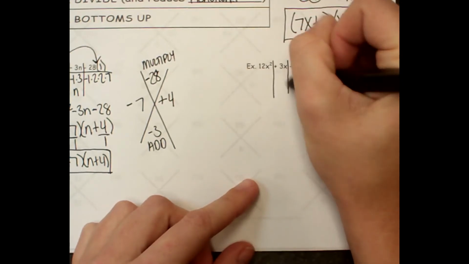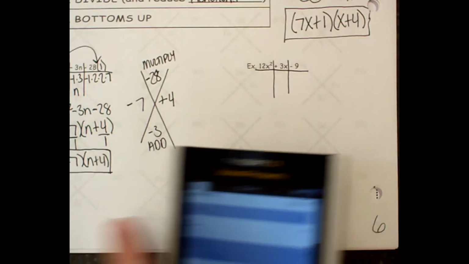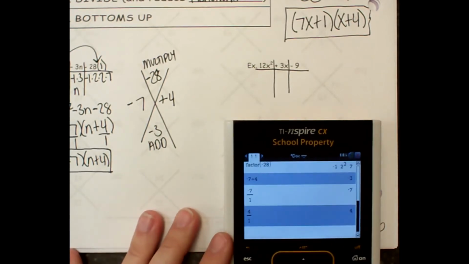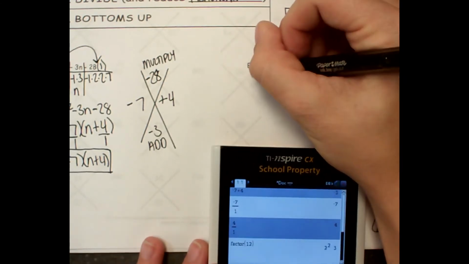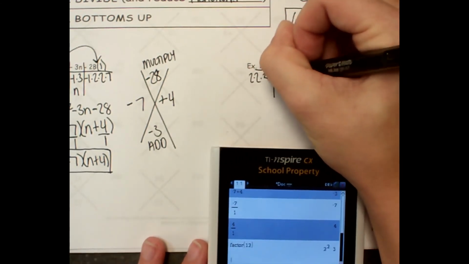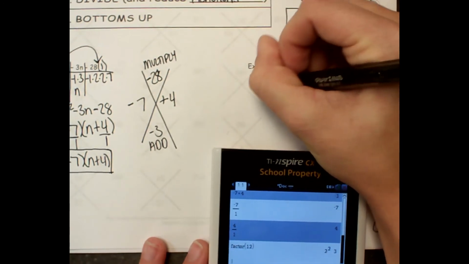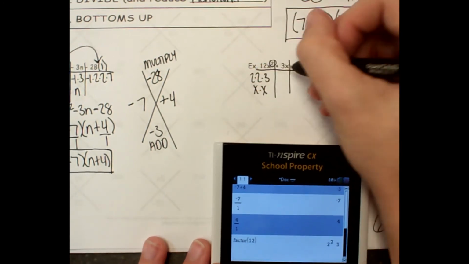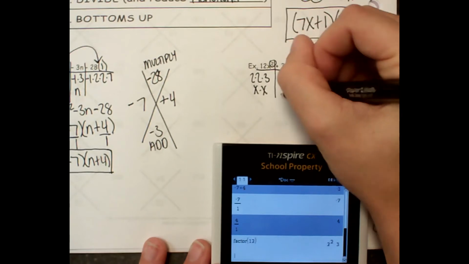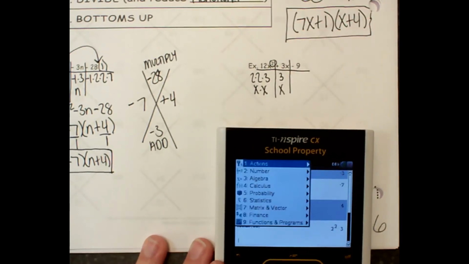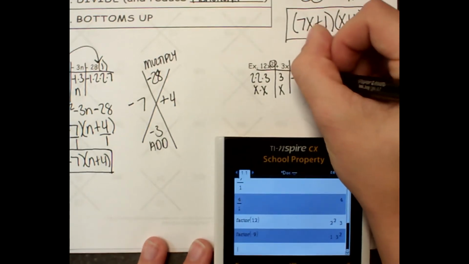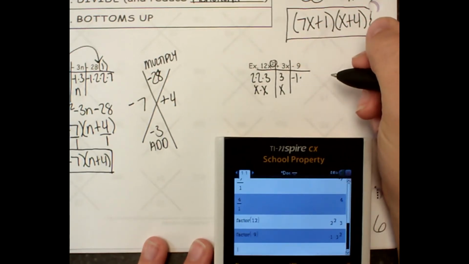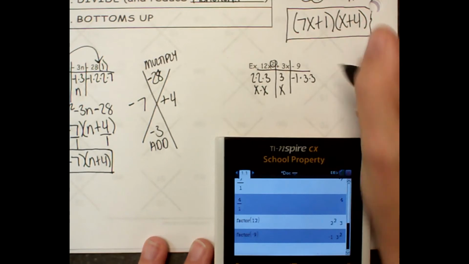So draw your chart, use your calculator, menu 2, 3, type in the 12: 2 squared times 3, so you have 2 2s, so 2 times 3, x squared, 2 x's, 3 is just 3, and you have an x, and then you do menu 2, 3 of negative 9, you get that it's negative 1. You have 3 squared, so that means you have 2 3s.